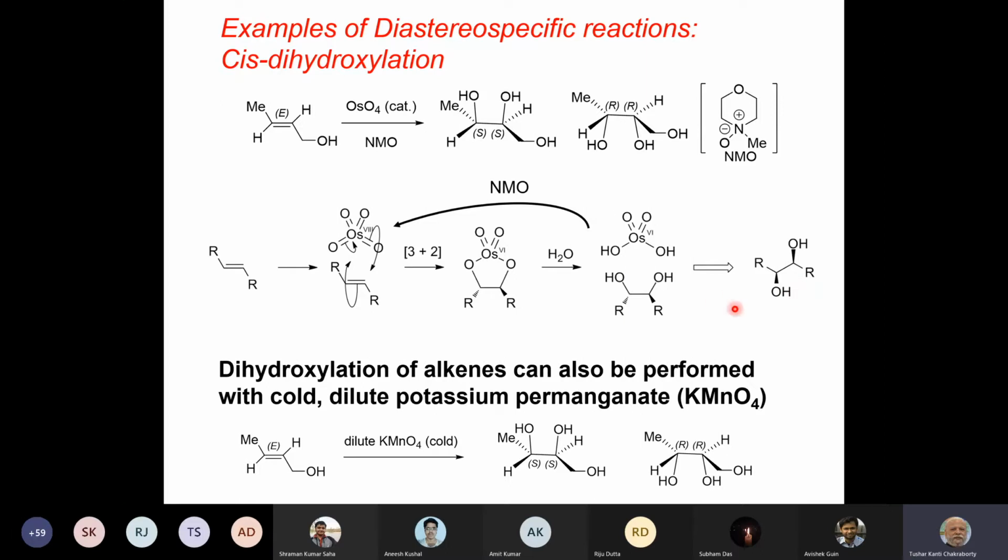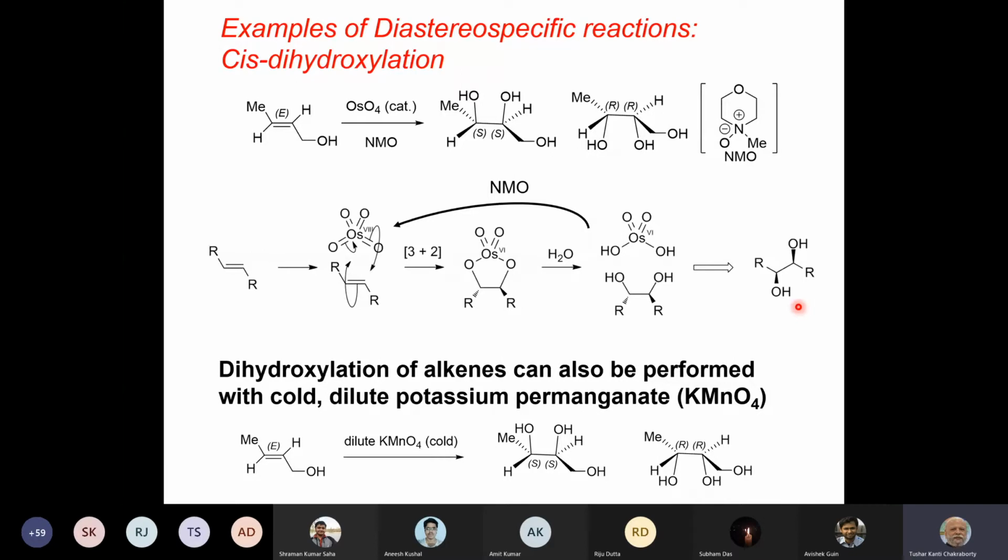But if you rotate the in-between bond, then you can see the zigzag fashion, and you get a product as shown here, where both the hydroxyls are above the plane. But again, you don't have to remember this by just memorizing it.